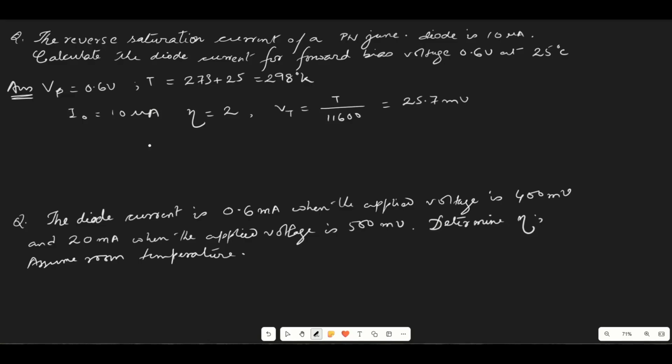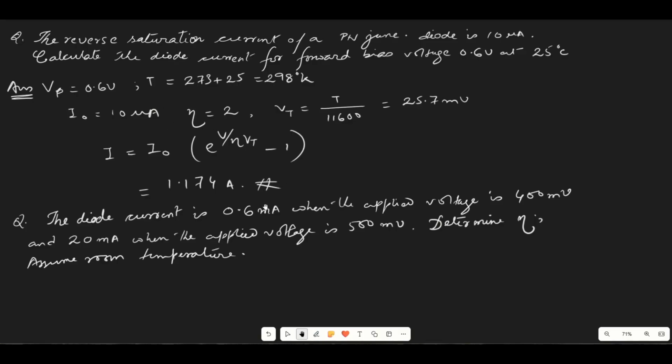Now the value of diode current equals I naught e to the power V divided by eta Vt, minus 1. So now, putting in the values, we'll get the current as 1.174 ampere.